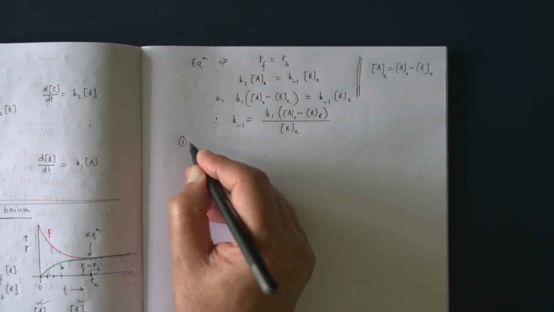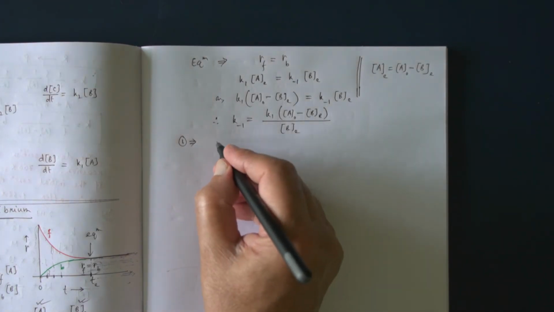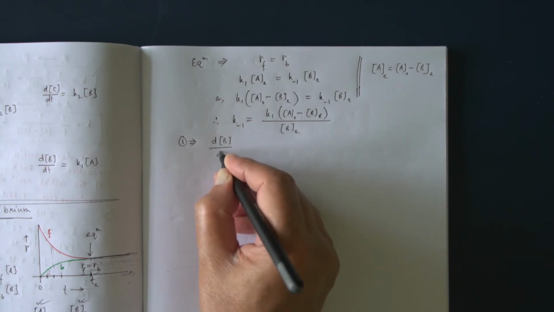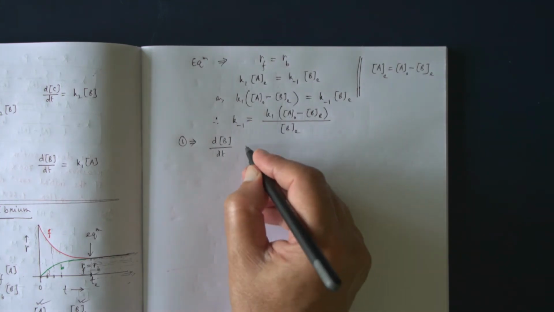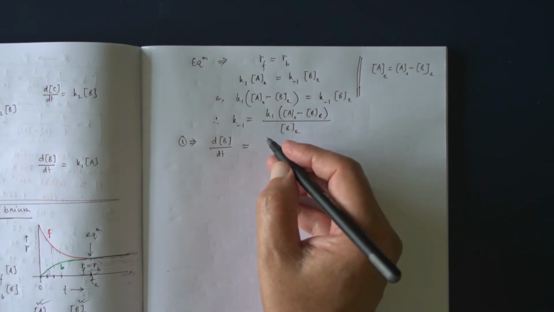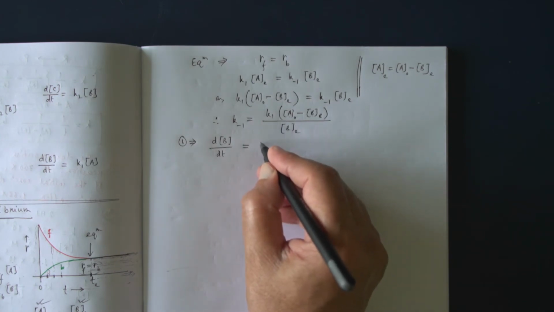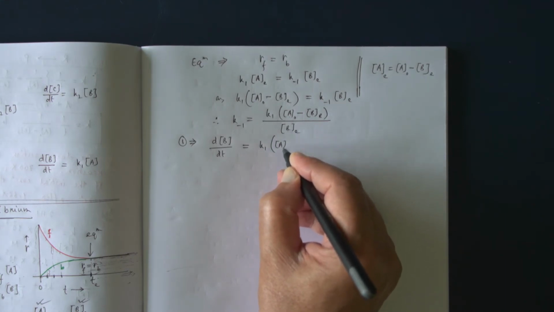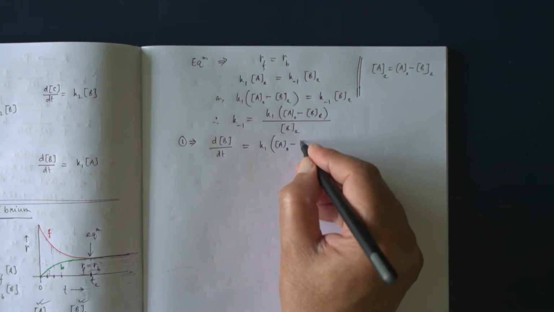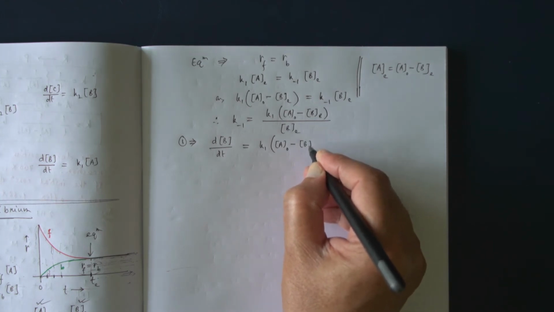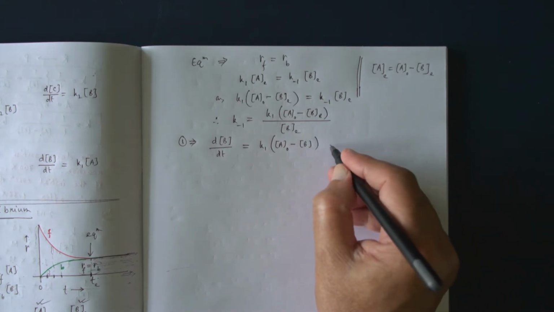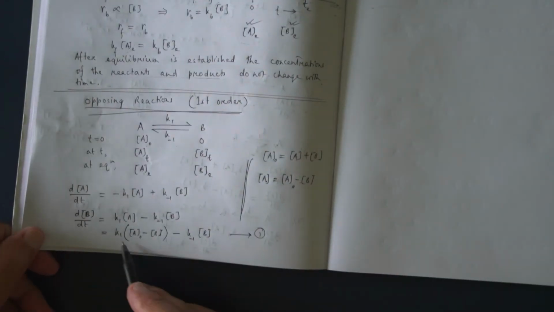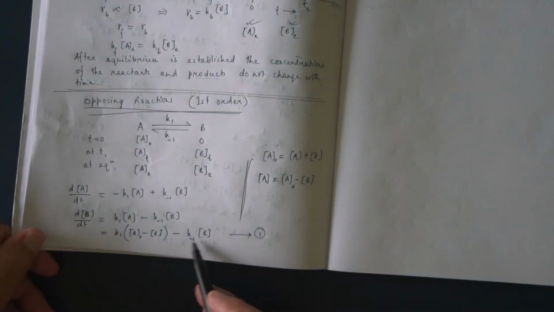Okay, so from 1 what we get: dv by dt equal to k1 (a naught minus b) minus k1 times this.